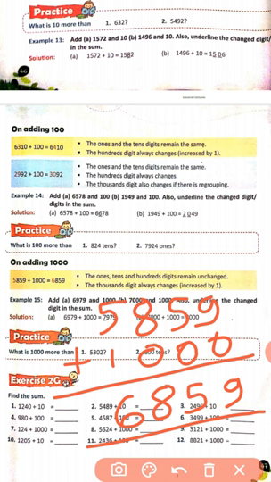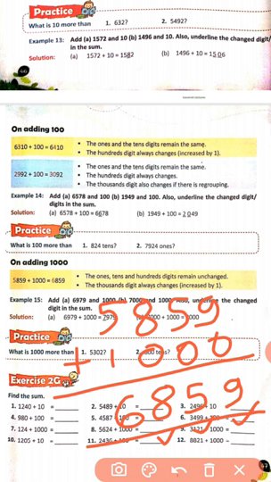What we see here: the ones place digit, tens place digit and hundreds place digit remain unchanged, and the thousands digit always changes. It is increased by 1.